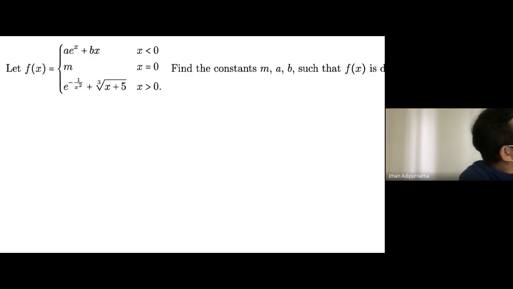When x is less than or equal to 0, it has an exponent, and if x equals 0, it equals a constant m, and when x is positive, it has an exponent. The question is asking for the constants when the function is differentiable everywhere.